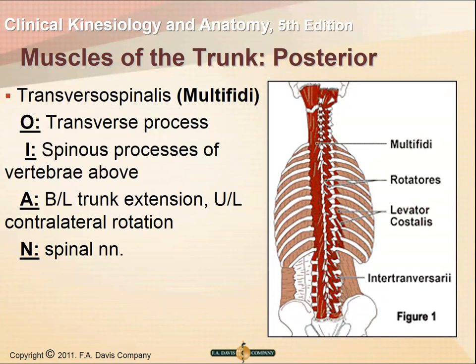So the primary action when working bilaterally for this muscle group is going to be trunk extension. If the muscle group is working unilaterally, we're going to see contralateral rotation. And the innervation for this is going to be the spinal nerves at the level of the specific muscle that we're looking at. We're focusing on our lumbar spine.